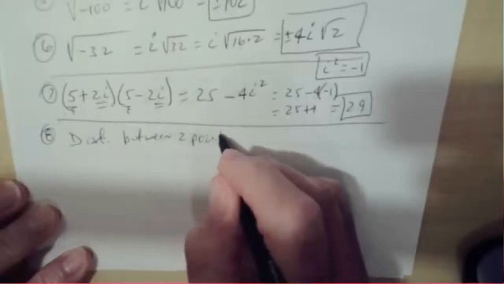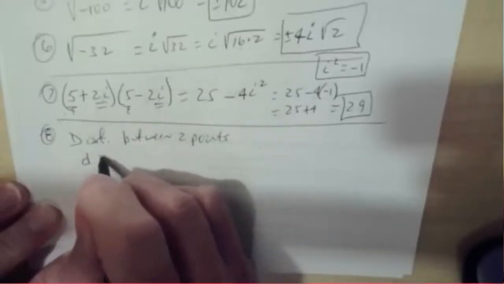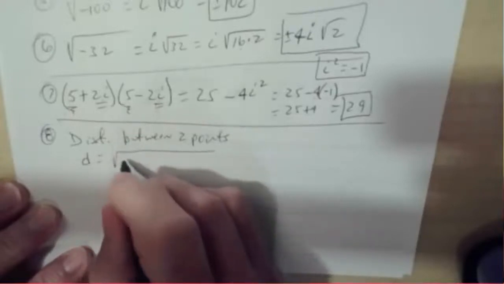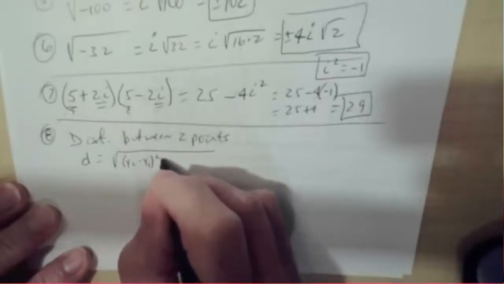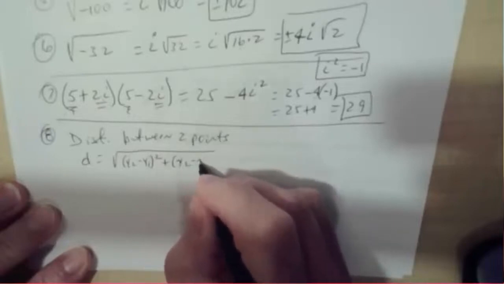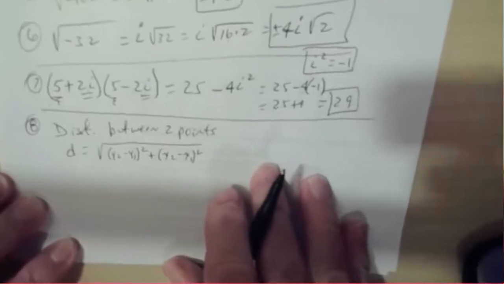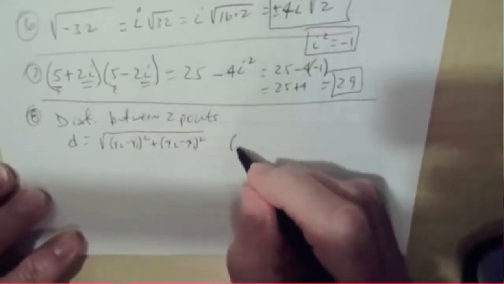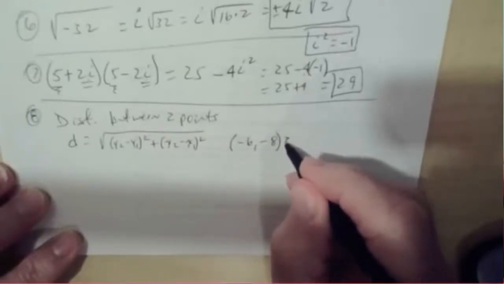Now the distance formula, lowercase d, is equal to the square root of y2 minus y1 closed squared plus x2 minus x1 closed squared. So what is the distance between the 2 points negative 6 comma negative 8 and 4, 2?